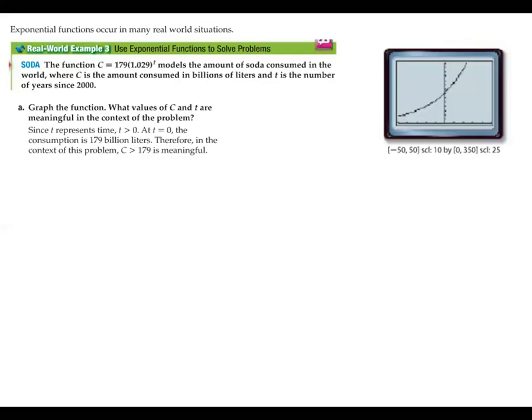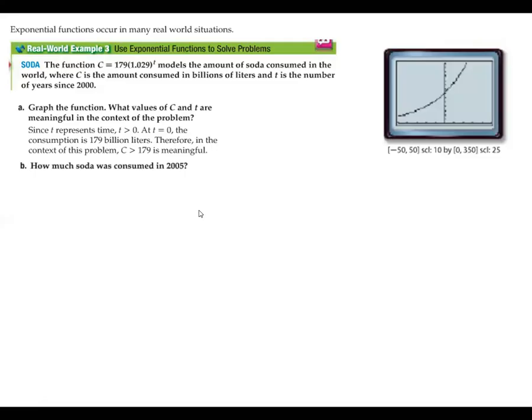At T equals 0, the consumption is 179 billion liters, which is how much they started off with in the year 2000, because T is the number of years since 2000. Therefore, C greater than 179 is also meaningful, okay? Because time really doesn't make sense as negative, so C values for negative values of T aren't really going to be of much value in this problem.